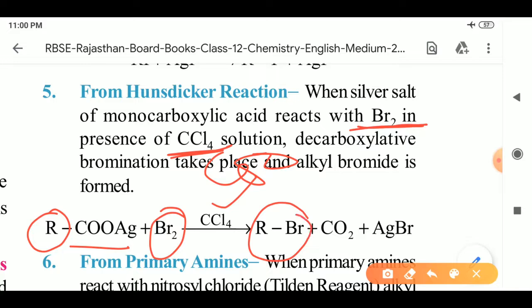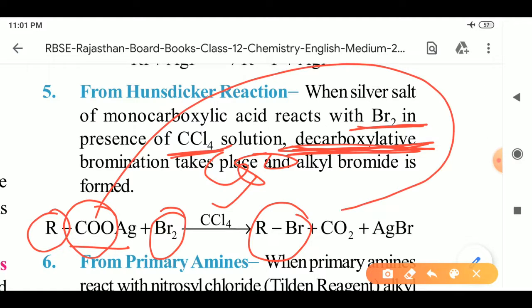That reaction is also known as a decarboxylation reaction. DE means delete or remove the carboxylic group. This COO group is removed in the form of CO2, and this R group reacts with Br to convert into RBr.